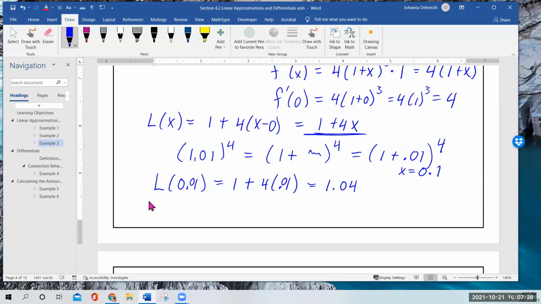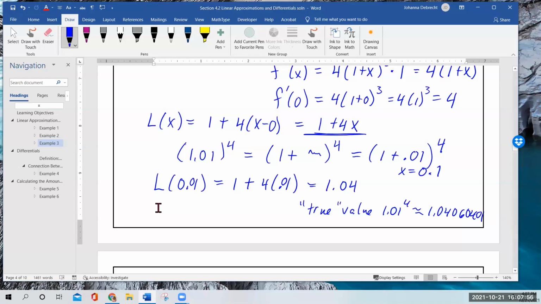I get about 1.04060401. So the true value, or as true as it gets from the calculator, is approximately 1.04060401. And my approximation is really quite close.